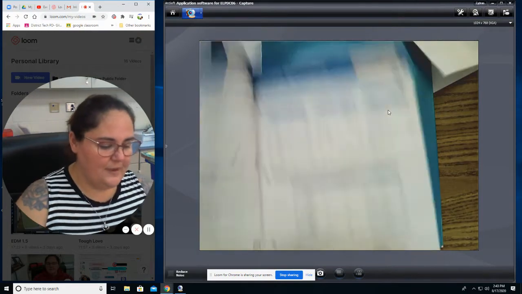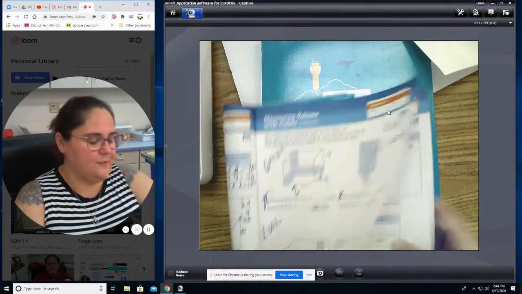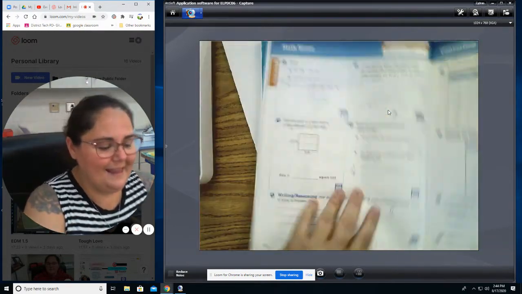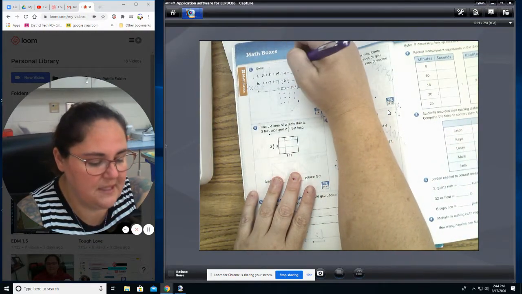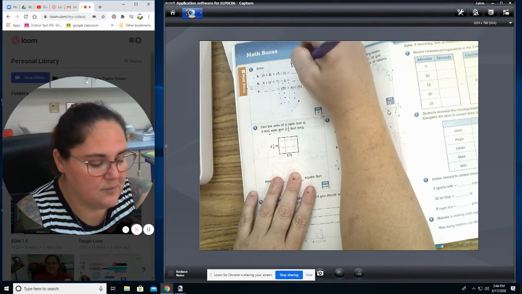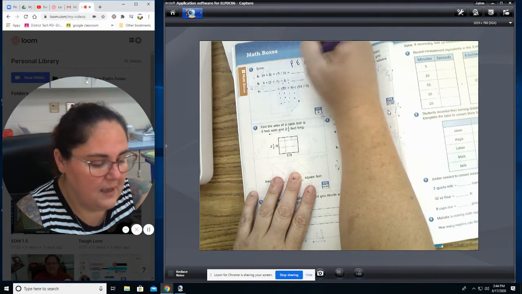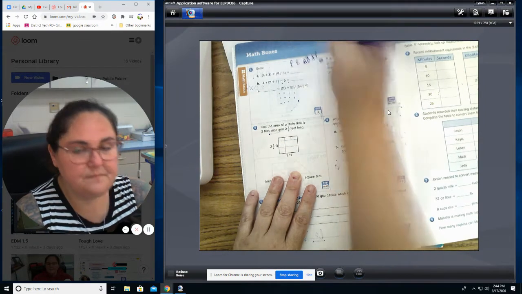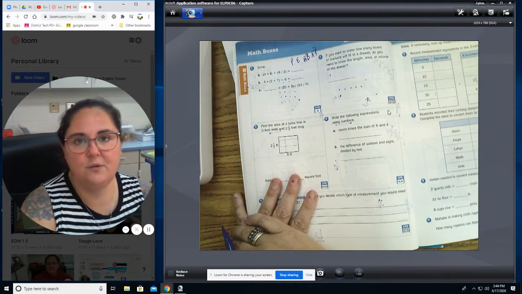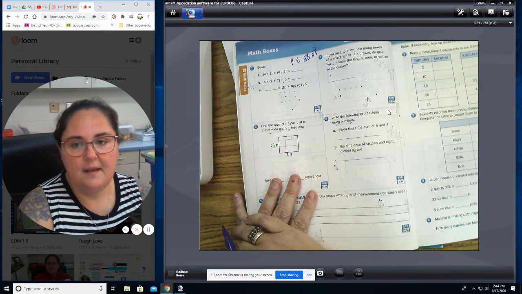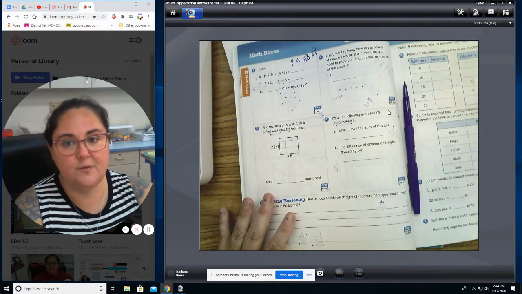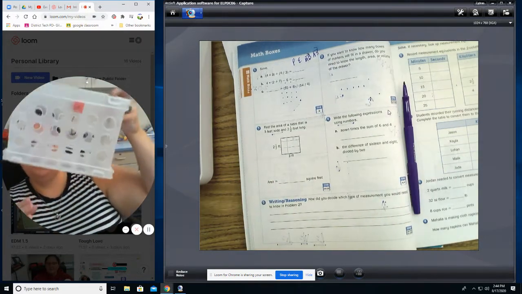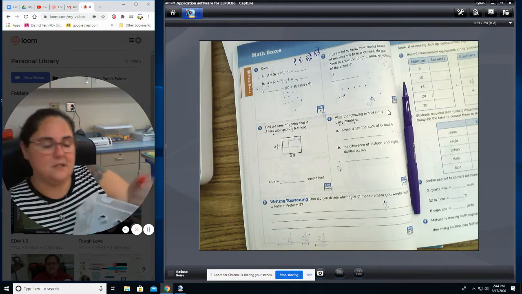The next thing you're going to do is your math boxes. So your math boxes for today will look a lot like this. So before you do number 1, don't forget you need to do parentheses, exponents, multiplication and division, and then addition, subtraction. PEMDAS, don't forget to do that. Number 2, it says if you want to know how many boxes of markers will fit in a drawer, you have to measure what?